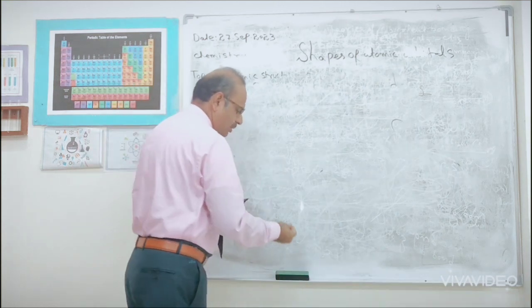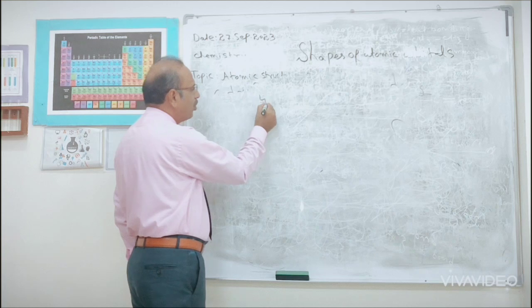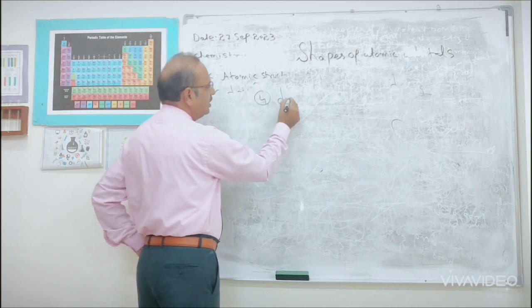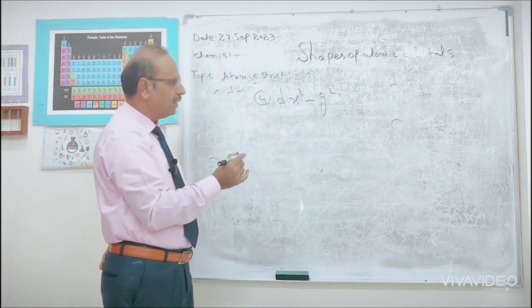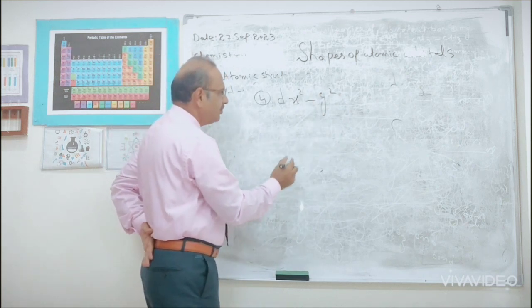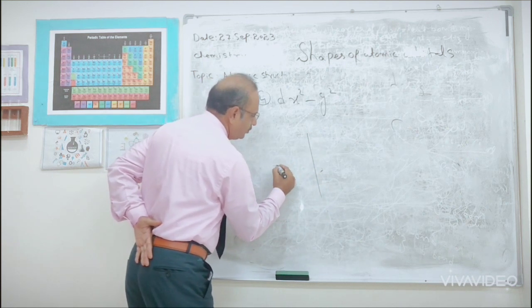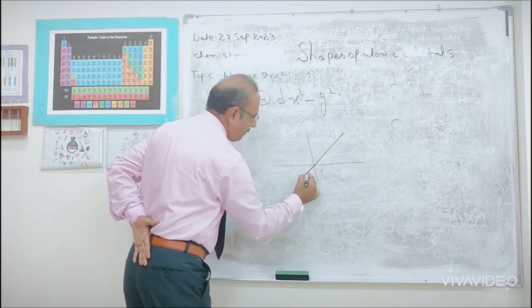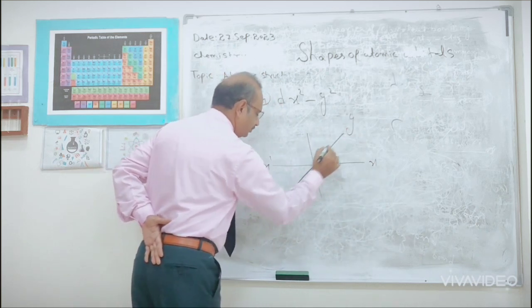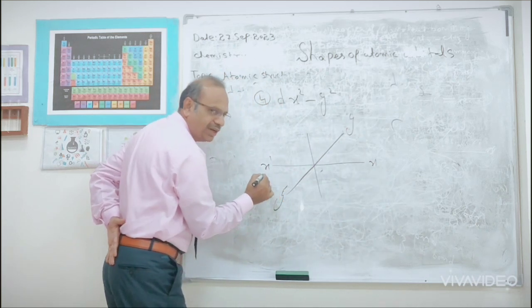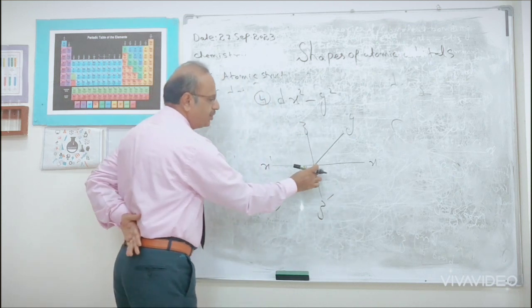Two more remain. For example, the fourth orbital is dx² − y². To show dx² − y², again we draw the x-axis, y dash, z dash.